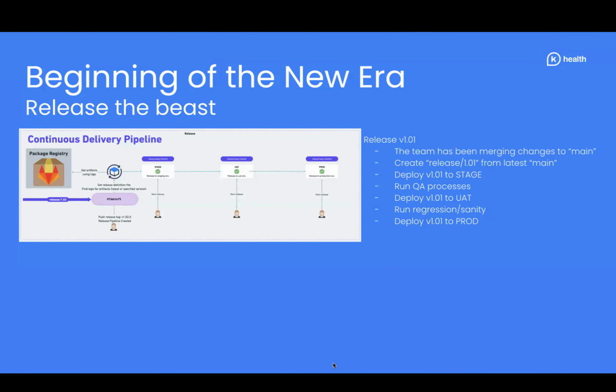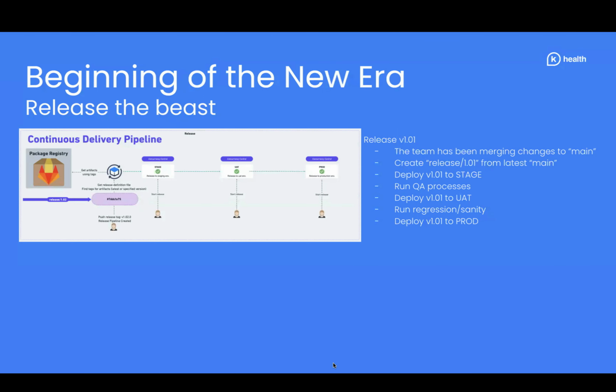And just in a couple of words, after this first release, after release 0, once we had created the main branch, the team started to accumulate changes to main, right?